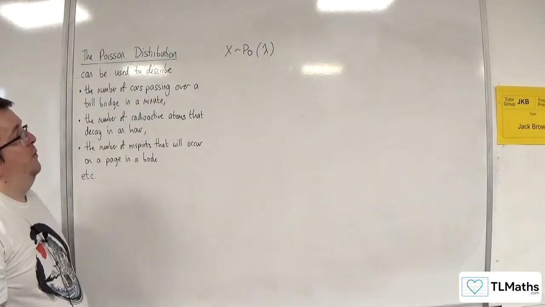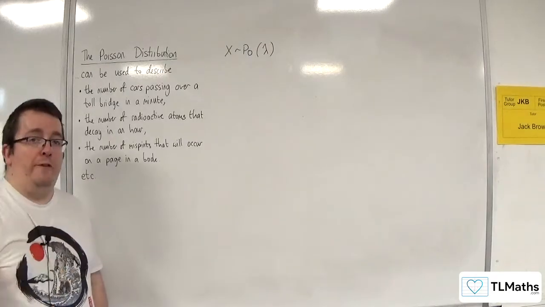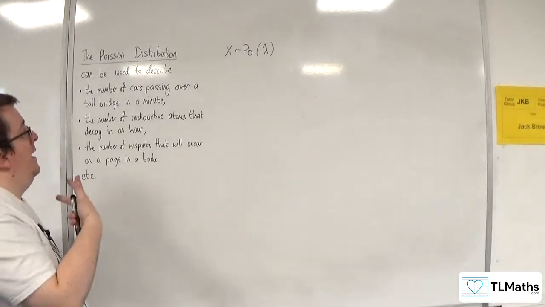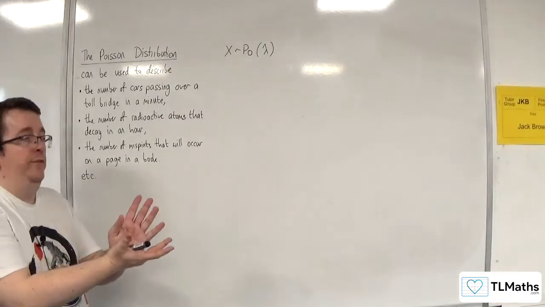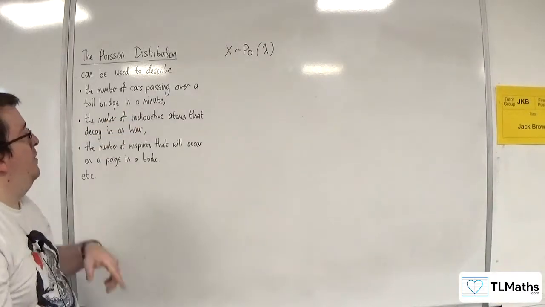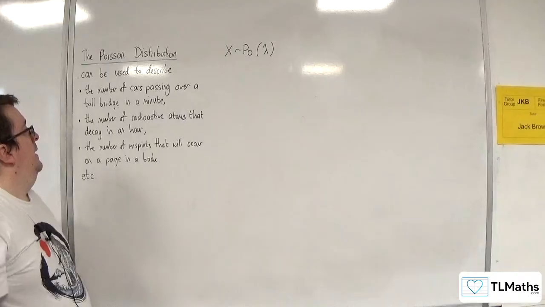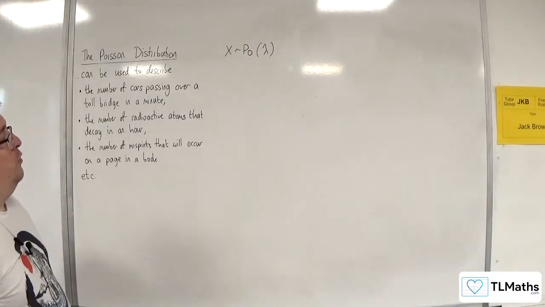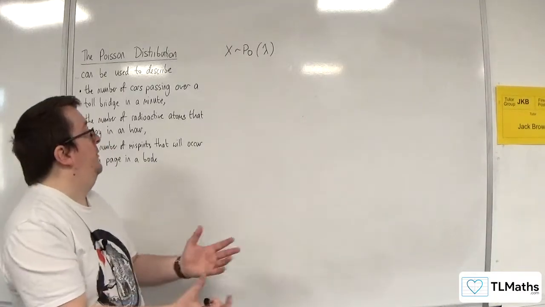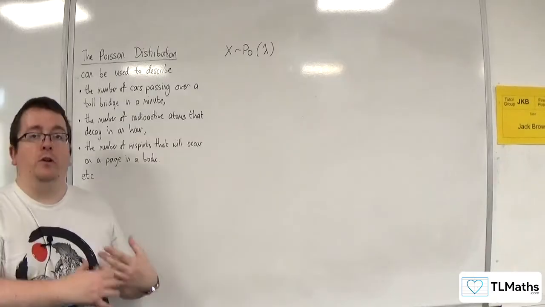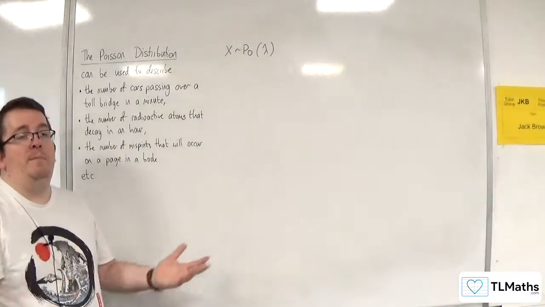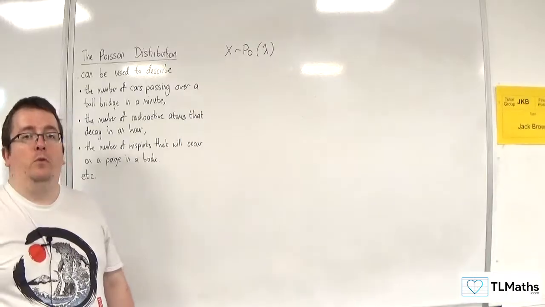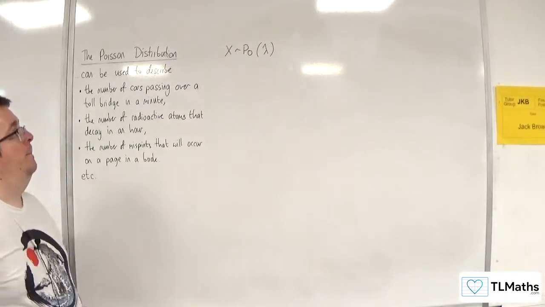Okay, so as I said, lambda is the average rate that happens over a fixed interval of time. So it might be a minute or an hour or a day or a month. Or it could represent a space. So it could be a page in a book, or it could be a square meter area, for example, or a mile radius or something like that.